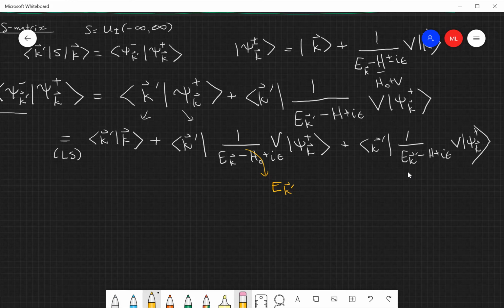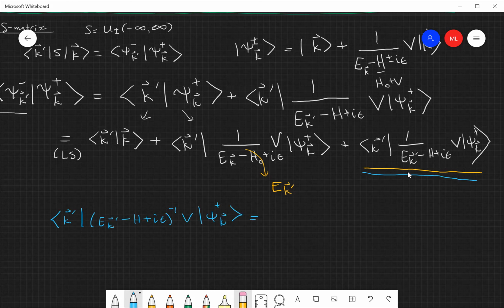Now we can do something similar with this piece. We know that we can take the complex conjugate of this matrix element. So we're going to look at this piece, maybe I'll do it in blue. We have the k prime, E k prime minus H plus i epsilon inverse V psi k vector plus.